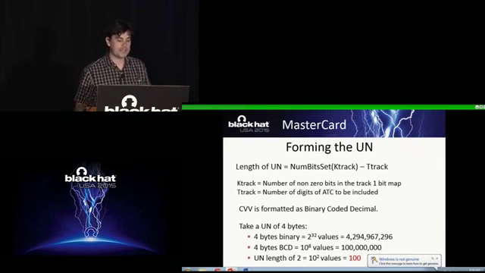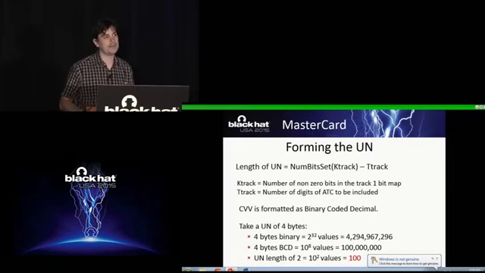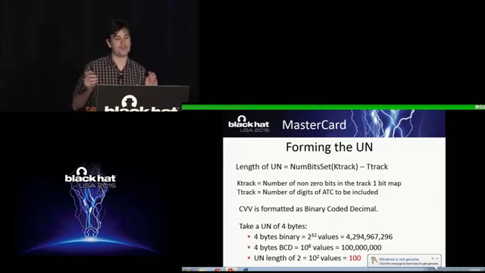However, the issue is you need to also limit the size of the data in the magnetic stripe. What this means is you're limited by the number of fields you can use. So in this case, you've got a UN length of 2. That's 10 to the 2 values, which means there are only 0 to 99 numbers for the unpredictable number.